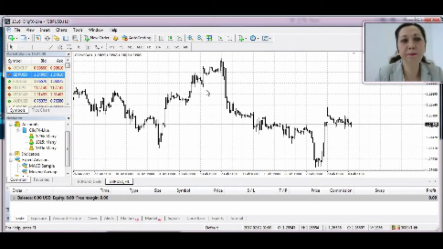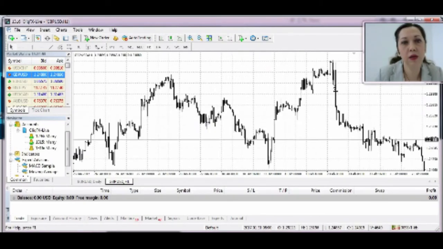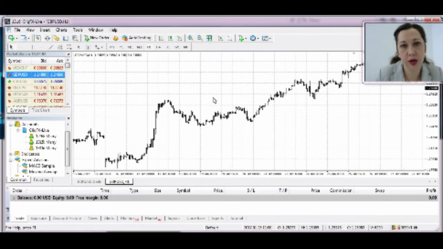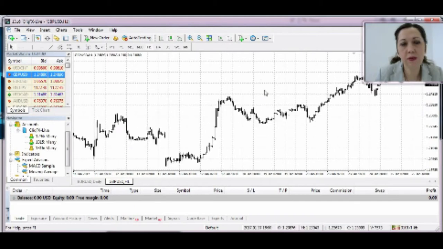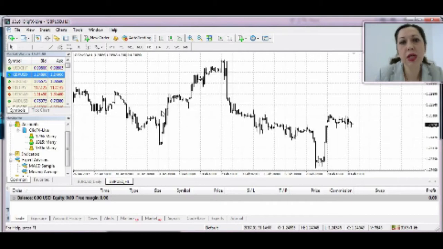Auto scroll. Scroll when I fix it. For example, I want to go to the history. So I scroll back. Oh, it comes back to the same position because I actually activated this button. Unclick it. I go to the history freely. Why do we need it? Sometimes we set up some indicators for the trade. We draw trade lines, which, by the way, I will explain to you later.